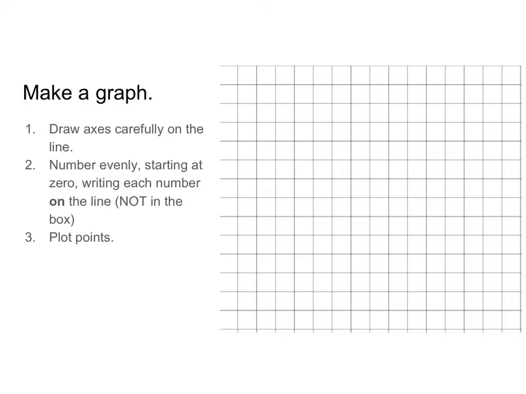Okay, so for this part, it's a really good idea to use a ruler. It's not required. I often don't because I've gotten pretty good practice at drawing straight lines, and some of you are very precise and might be able to draw straight lines without one. However, if you sometimes struggle to make your lines neat and tidy, I may require you to use a ruler, so you might want to start using one now just to be sure.